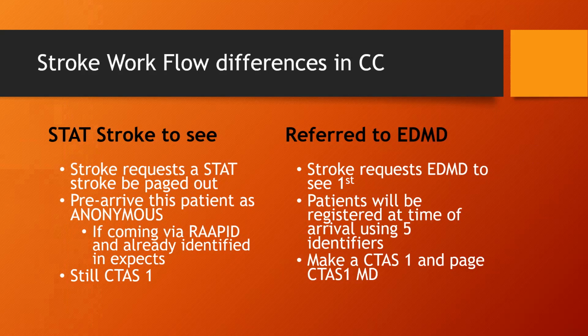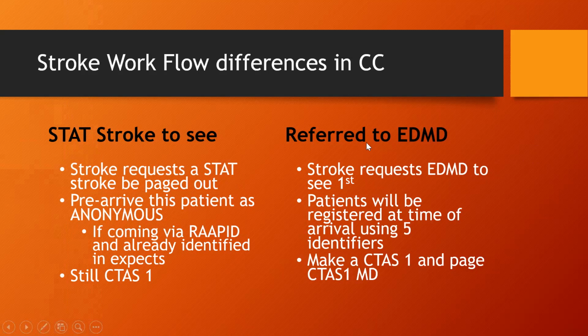They're the same thing, and they may have already been identified. So if it's a stat stroke coming through rapid, that patient will already be in your Expects, and you can just open up and arrive that patient on arrival and not have to make them anonymous. They still, of course, are going to be CTAS ones at the moment.